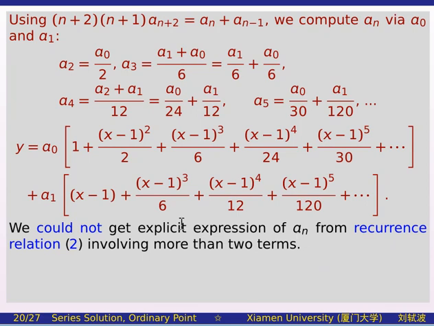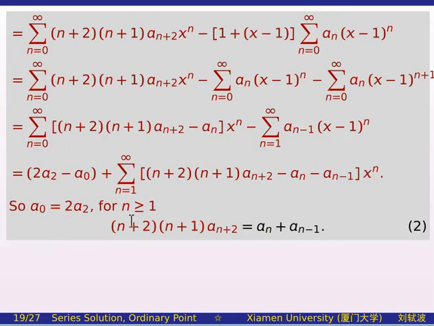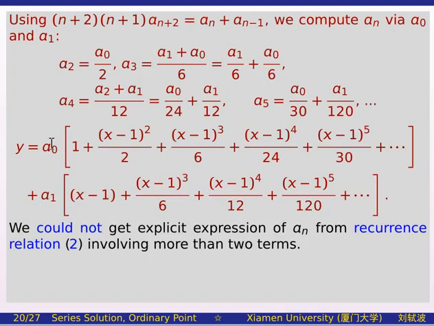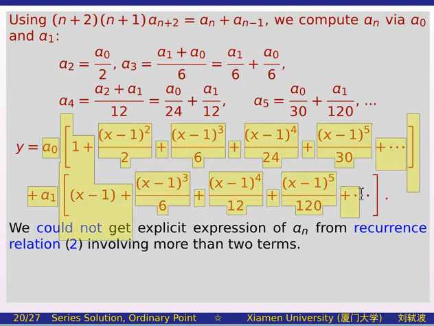But we see that we could not explicitly express the coefficient an from the recurrence relation because the recurrence relation involves more than 2 terms, so it is difficult, if not impossible, to write a very elegant expression for an. Therefore, we have to write the partial solution. Here we write only 5 terms. If you want, you can include (x minus 1) to the power 6 and more terms.